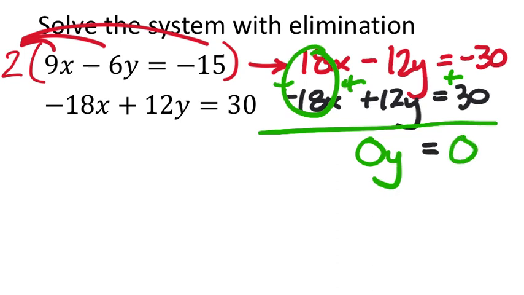Now let's stop here, okay? Because we don't actually have to do any more. What I find from this is that I got 0y equals 0. As it turns out, and I would ask you really to think about this, is there something you can multiply by 0 to get 0? Now this may take some thought.